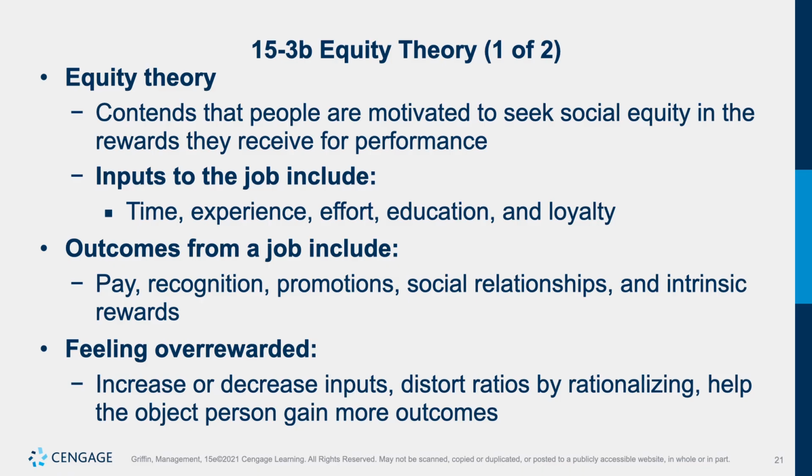And they may also compare inputs. Inputs to the job may include time, experience, effort, and so forth. So they compare their own ratios to that of someone else, right? They compare their pay, their recognition, their promotions, the social relationships and intrinsic rewards, as well as their time, experience, effort, education, and loyalty to that of someone else.